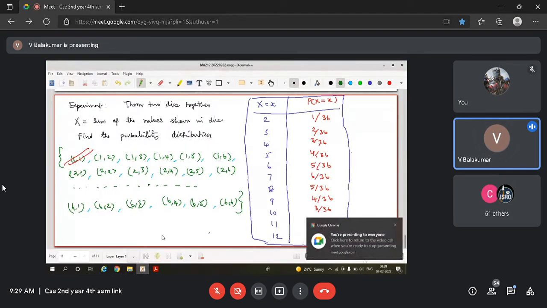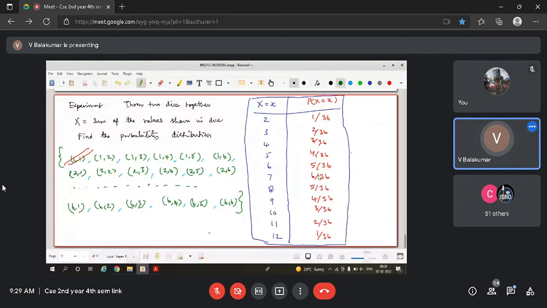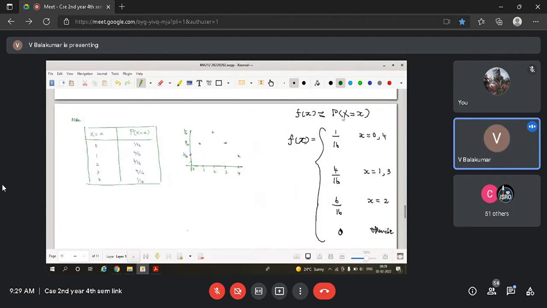Okay. Now I want to infer from the table. What do I have from the table? First, look at this third representation. Instead of this probability X equal to x, I wanted to write that complete information as a function. So now I shall define what kind of function this is. Based on this table, the picture and the function representation, I want to write down.